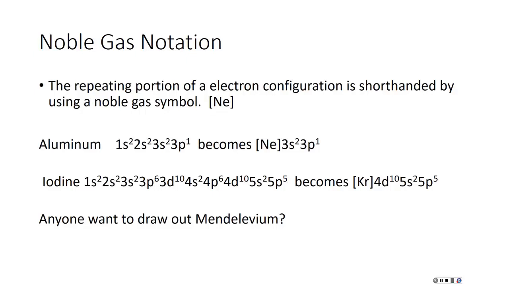So by putting this Ne in brackets, you're basically saying that's the same thing as 1s2, 2s2, 2p6. And it's a shorthand. Now you wouldn't want to do this for smaller elements like what we're doing here as examples. But later on, if you get to the bigger ones, like lead, number 82, you wouldn't want to draw out everything to get to that.